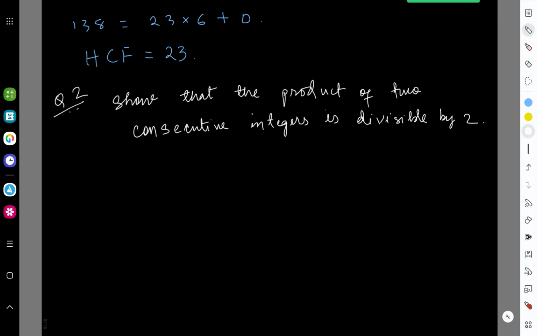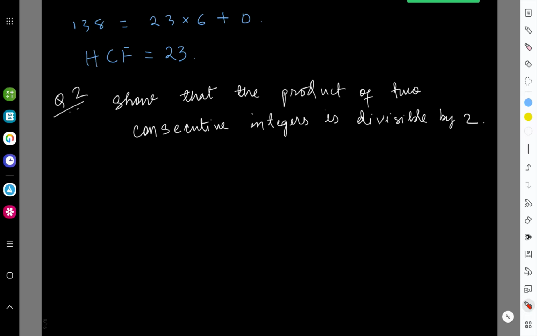Check for any keywords mentioned in the question, as here it mentioned two consecutive integers. We do not see odd mentioned here. We do not see even integer mentioned here. It just said two consecutive integers.